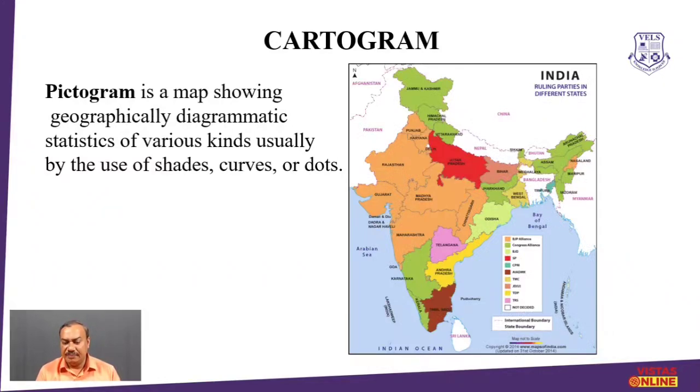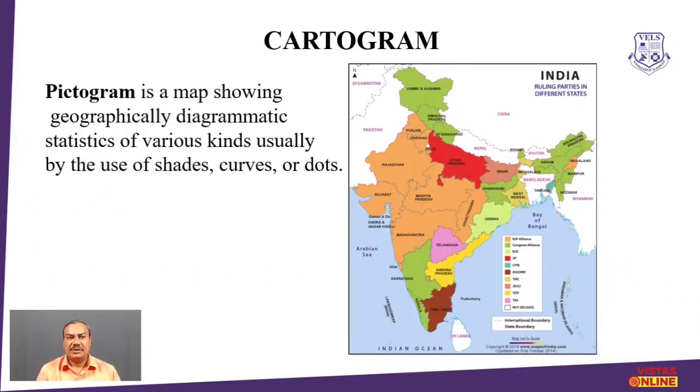What is the data? This is the ruling parties in different states, as per October 2014, this is the statistics. In this map, we are giving different colors for ruling parties in different states. Here we can differentiate by colors.